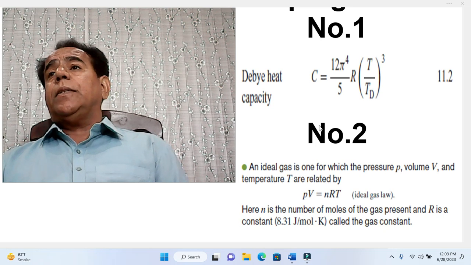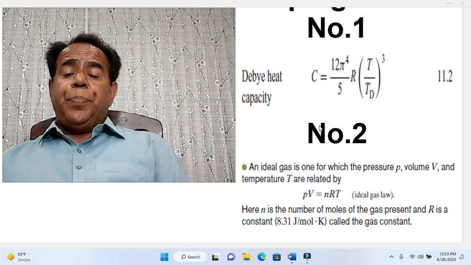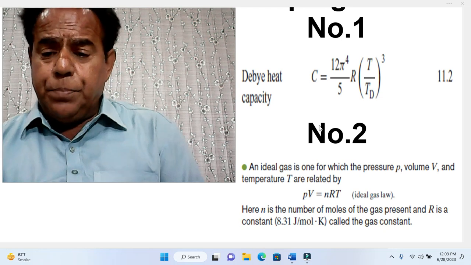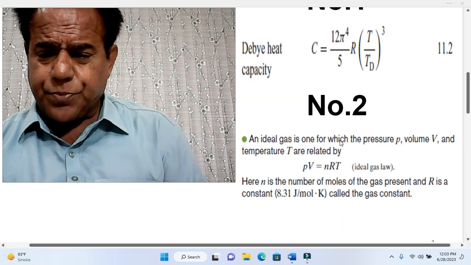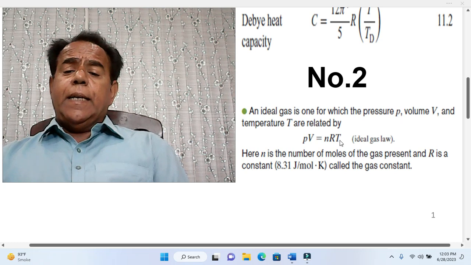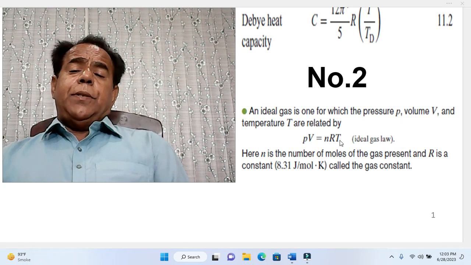In tool number 2, the value of the universal gas constant R has been described.